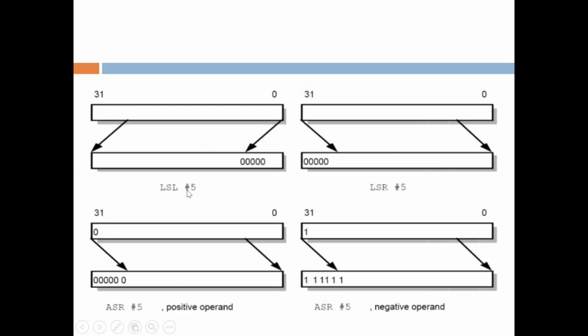That is LSL #5. That means you are shifting the data towards left 5 times. Suppose this is a register content from bit 0 to 31. You are shifting towards left by 5 times. So every time you shift towards left, the data will be moved to a carry bit from the most significant bit.